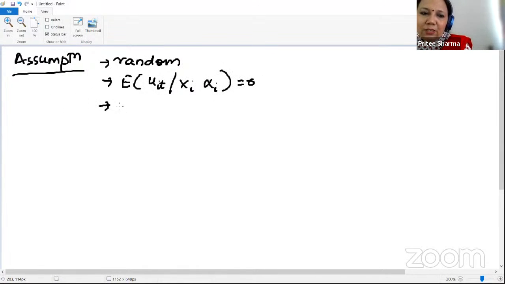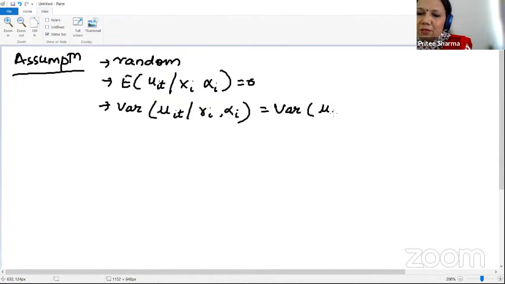We also know that the variance of the error term conditional upon xi's and alpha i's is constant, equal to the variance of the error term with respect to time and entity components.